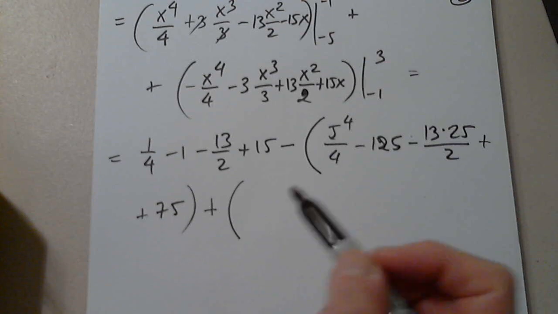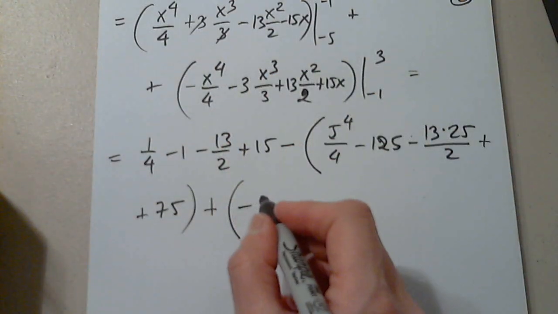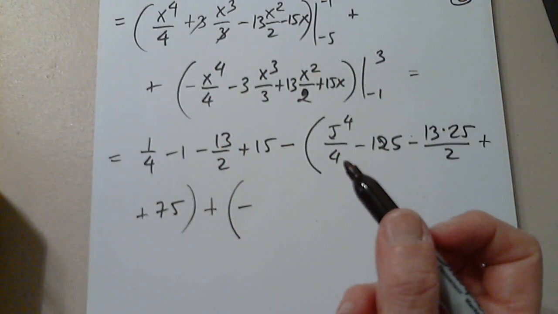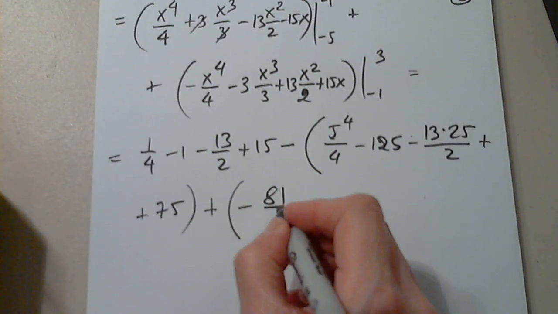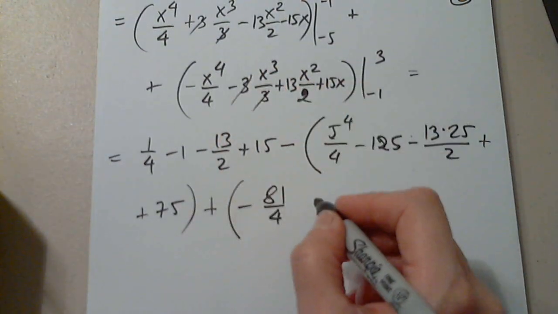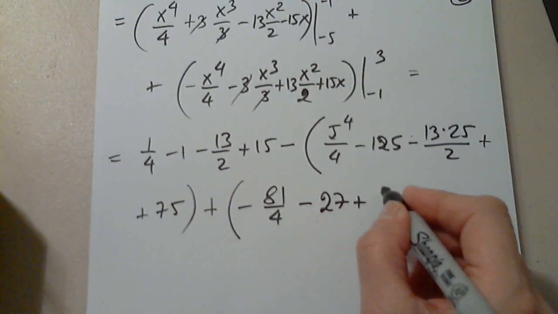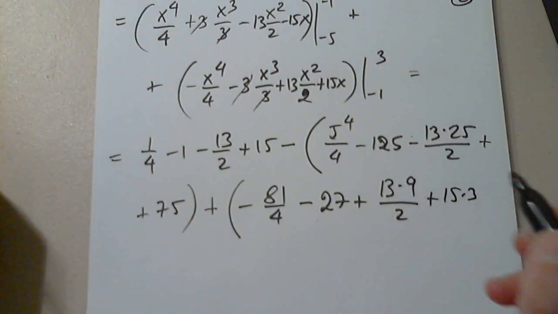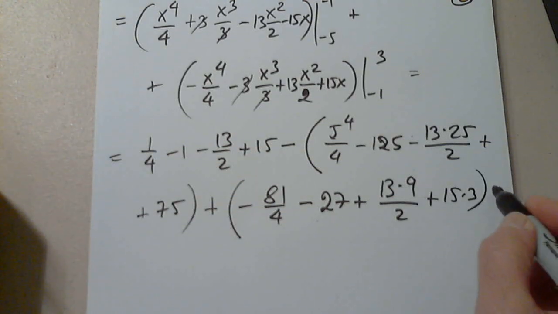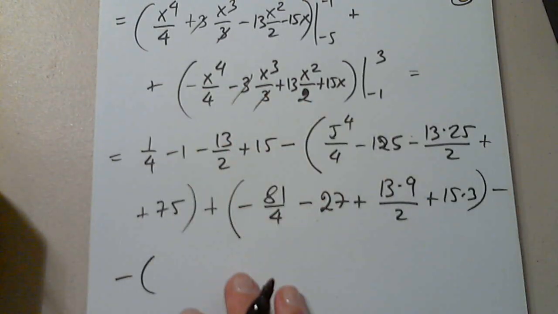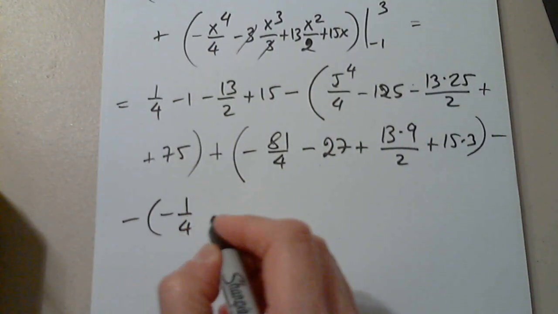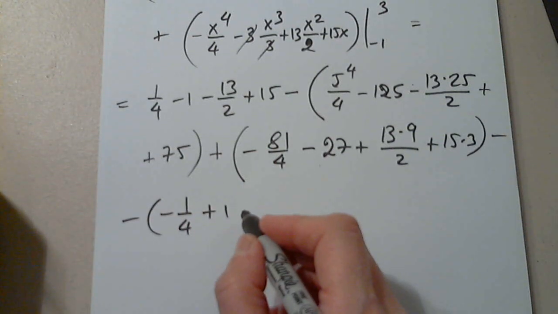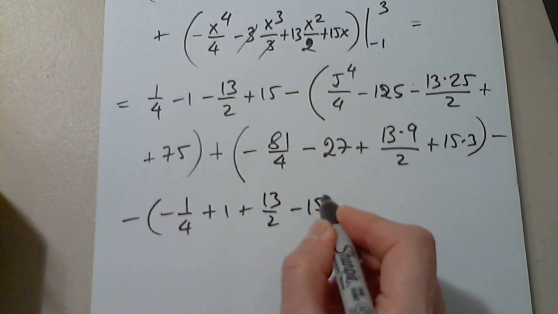Plus, I plug in 3, negative 81 over 4, minus 27 plus 13 times 9 over 2, plus 15 times 3, that's 45, minus, when I plug in -1, it's -1/4, plus 1, plus 13 halves, minus 15.